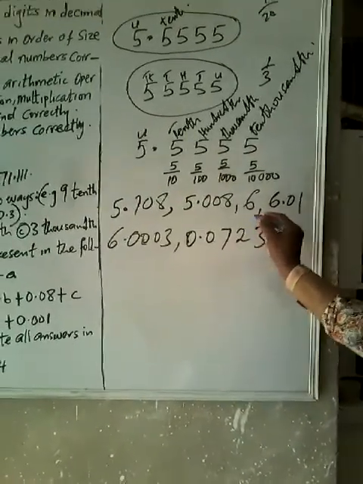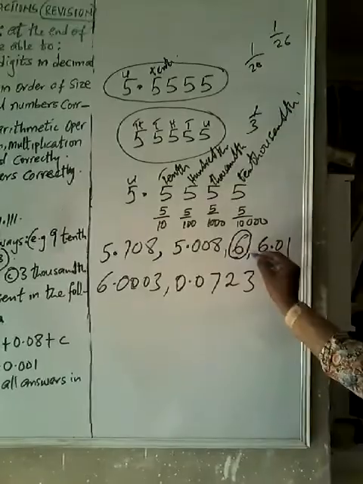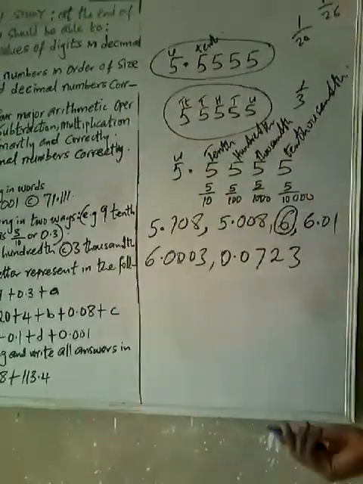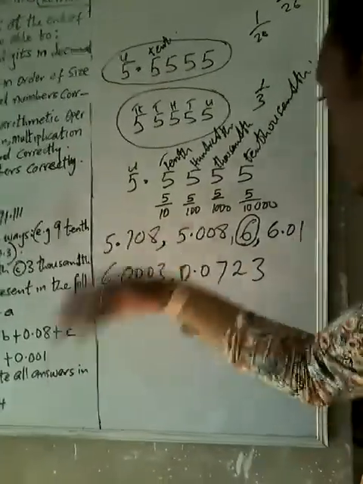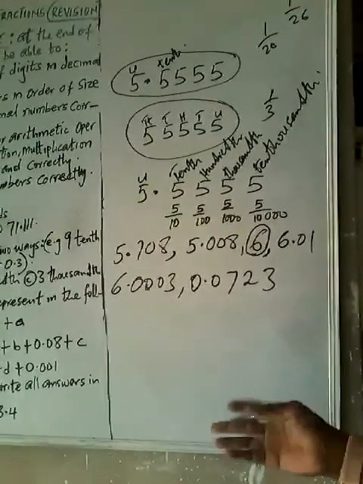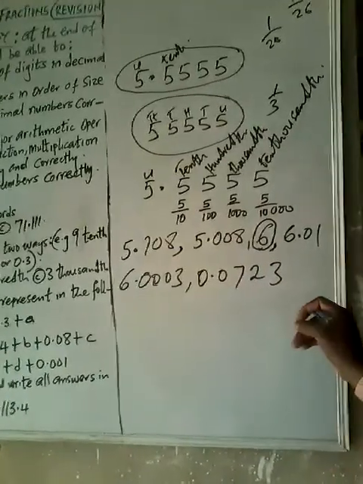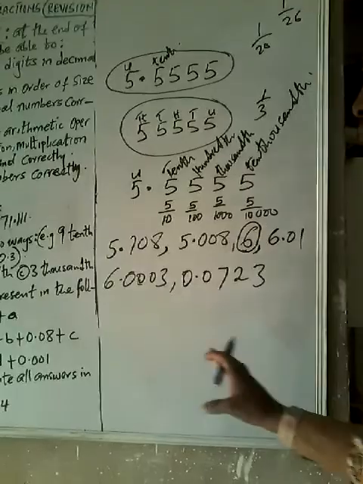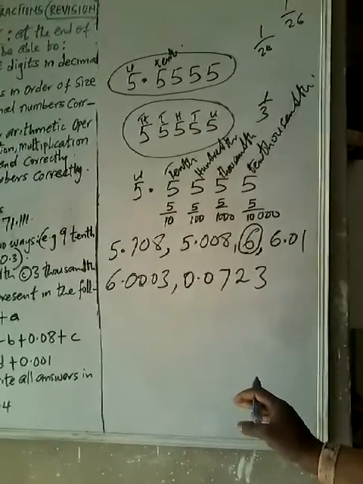But this one has only 1 digit, 6. But I tell you, this one is not the smallest. Of all these numbers, it's not the smallest. So the size of a decimal number is not decided by how long the number is.